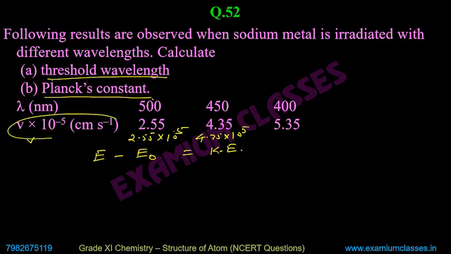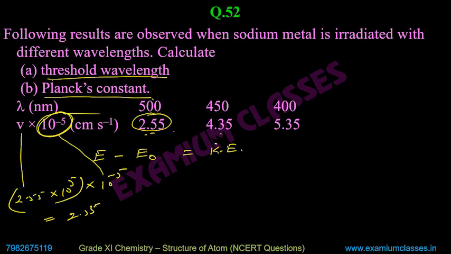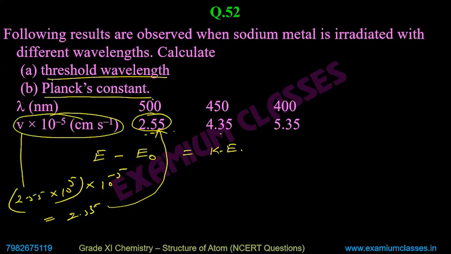Because this value has been multiplied by 10 to the power minus 5 from the actual value. So understand what I am saying. It means V will be 2.55 into 10 to the power 5. When we multiply it by 10 to the power minus 5, then we get 2.55, which is given here. So use the correct values. Sometimes you need to pay attention to what is given here. It is not V, it is V multiplied by 10 to the power minus 5. So we will use this.